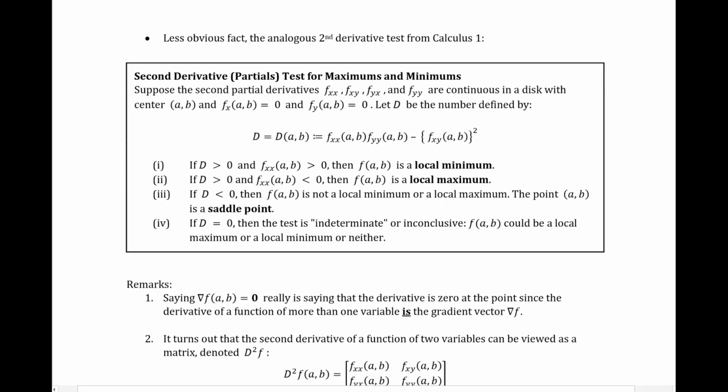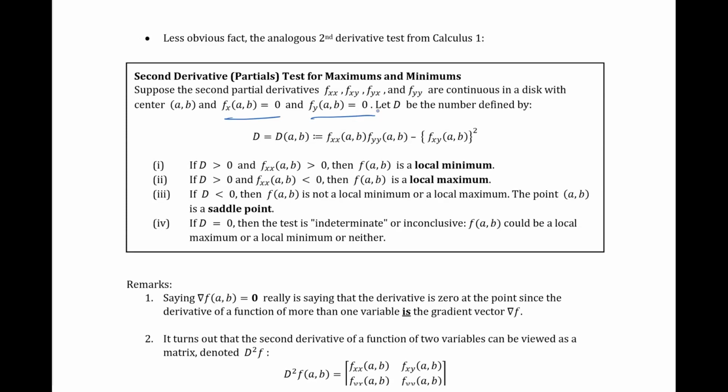So the second partial derivative with respect to x, the mixed partial derivatives, and the second partial with respect to y are all continuous around the point we're focusing on. We're also assuming we have a critical point for which the partial derivatives are equal to 0, and we're defining this special quantity which we're going to call capital D, and it depends on which point we're plugging in.